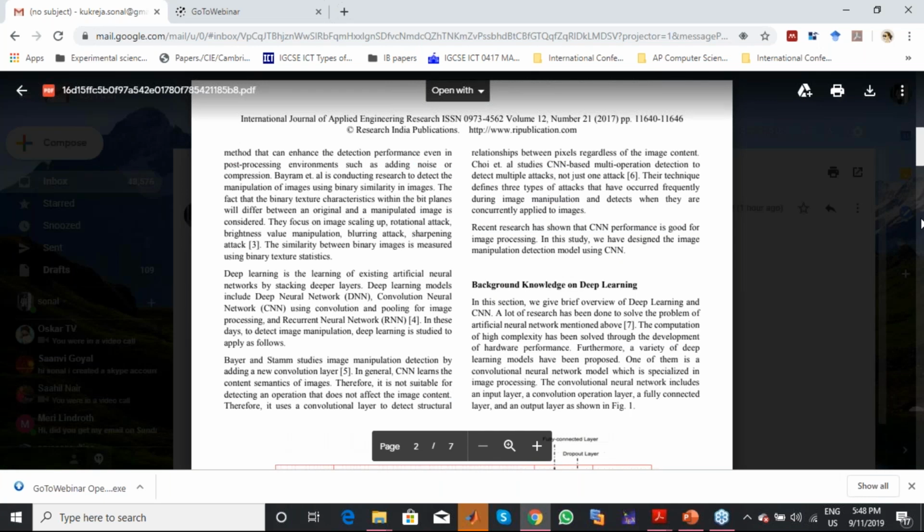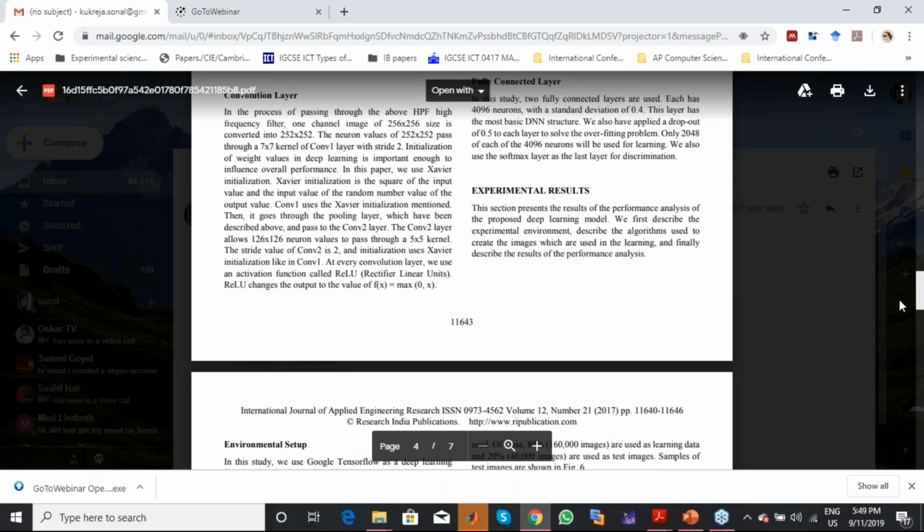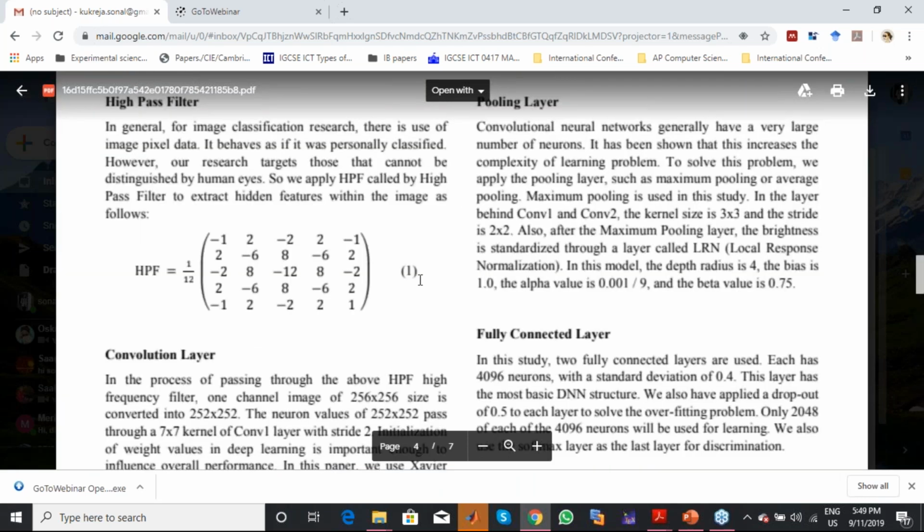This is usually the mathematical model of a high pass filter, and a lot of derivation exists behind it. When we multiply our original image with this value and set a threshold, only the values above the threshold are selected and the rest are ignored.